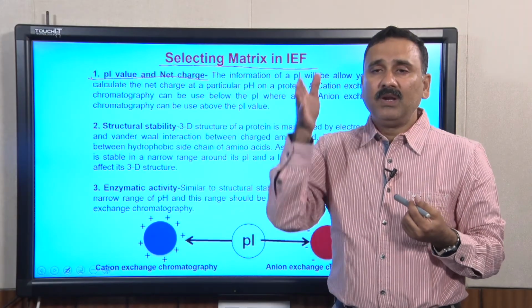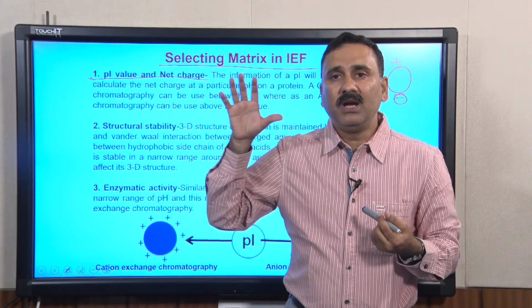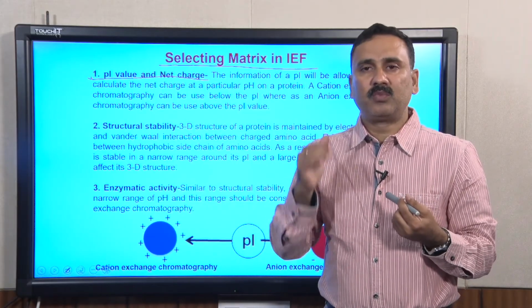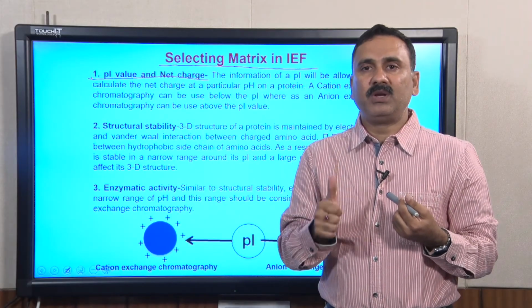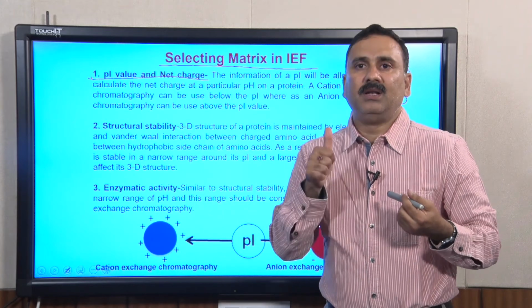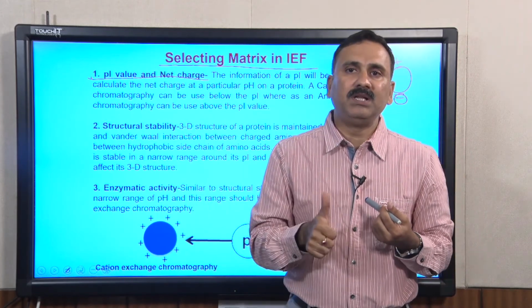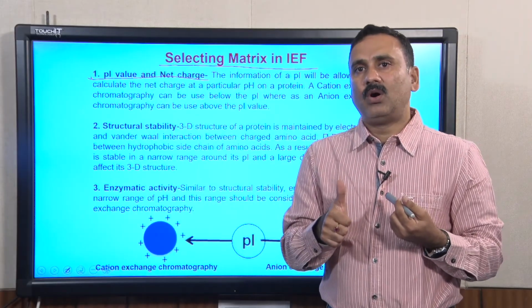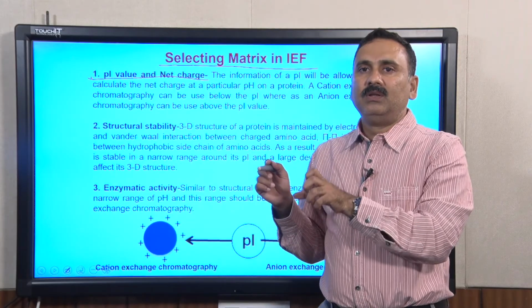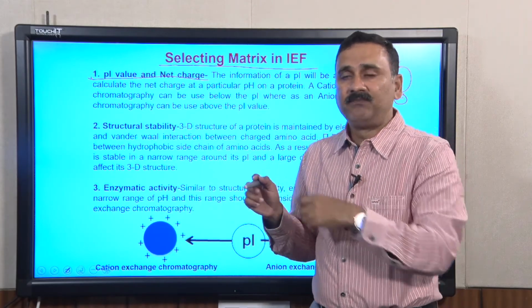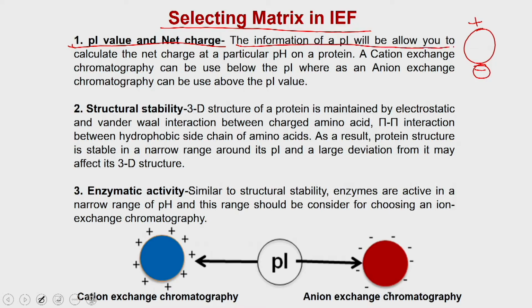As a result, you will reach a pH at which the net charge on your protein is going to be 0, and this pH at which your protein shows a net 0 charge is called the isoelectric point, or the pI value. That pI value allows you to calculate the net charge present on the protein at any pH. The information of a pI will allow you to calculate the net charge on a protein at a particular pH.